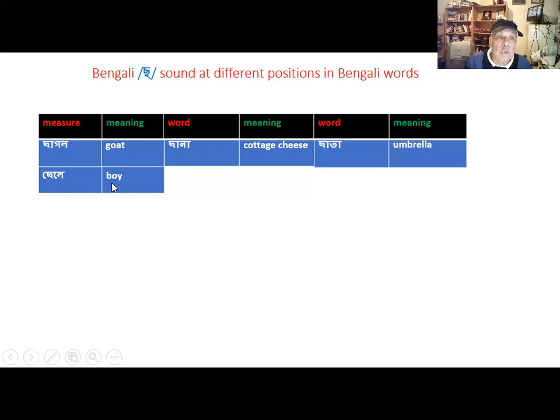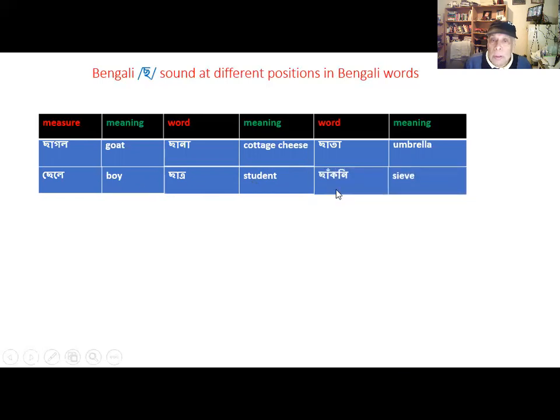Chhele means boy. Chhatro means student. Chhakni, sieve. In all these words, the chha sound came at word initial positions.